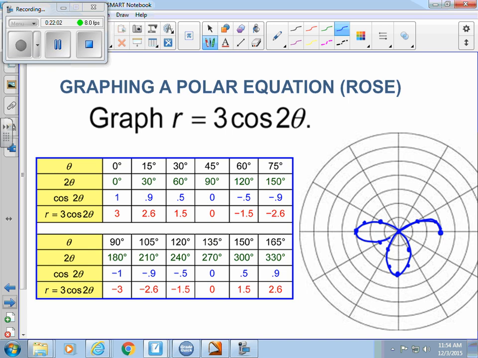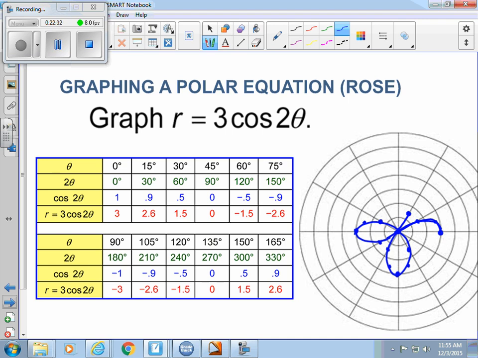What's the value at 225? 0. Okay, what is the value at 240? Negative 1.5. What does that do to it if we're negative 1.5? Goes back up, right? Coming up this way now.